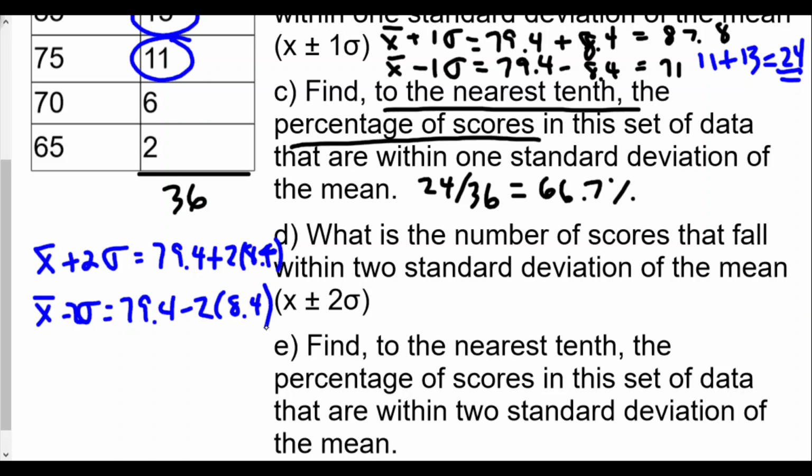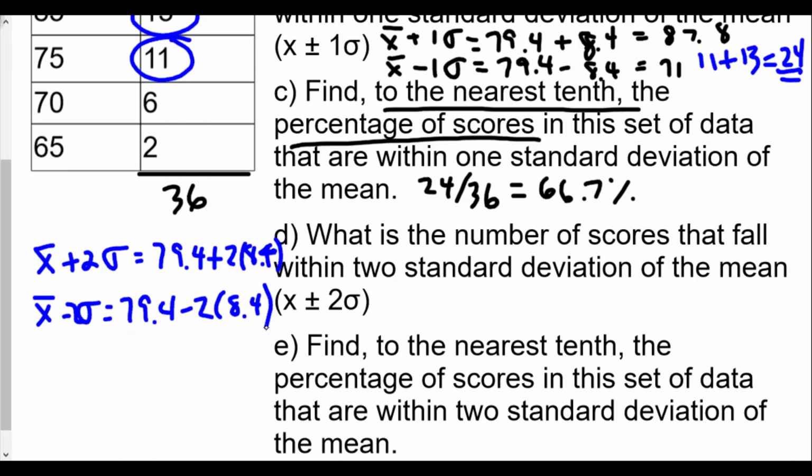Let's take a look. Using the calculator, 79.4 plus 2 times 8.4 gives us 96.2.